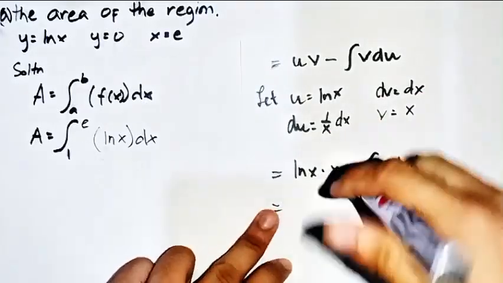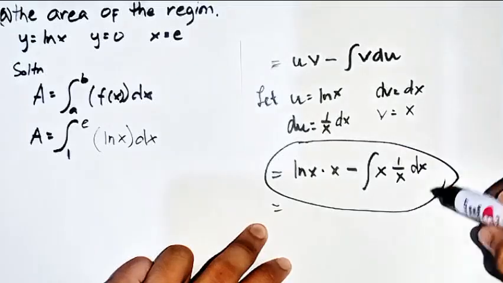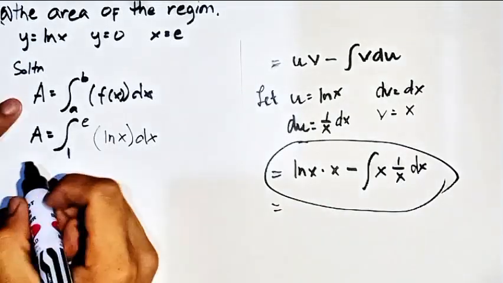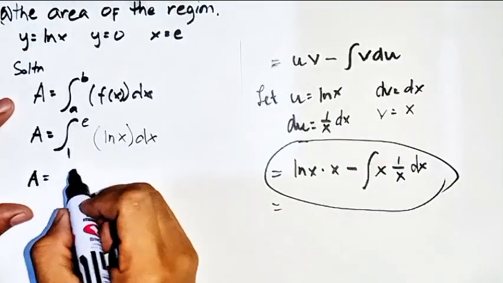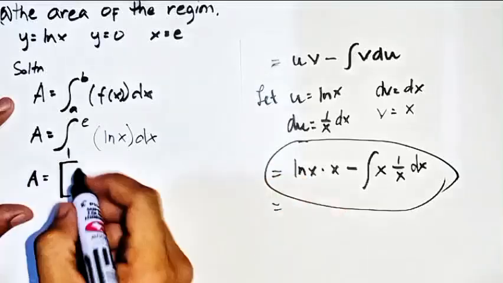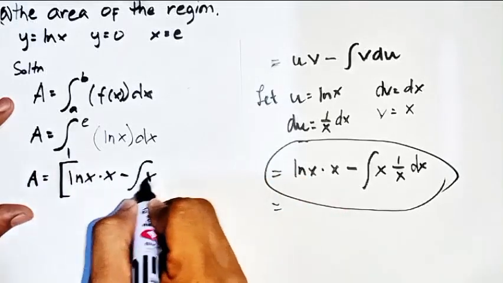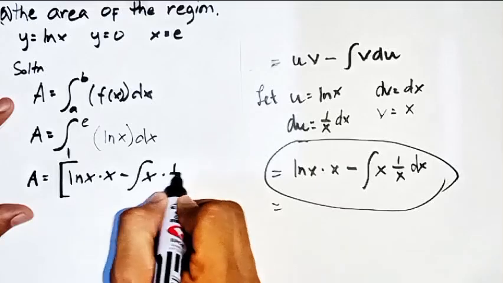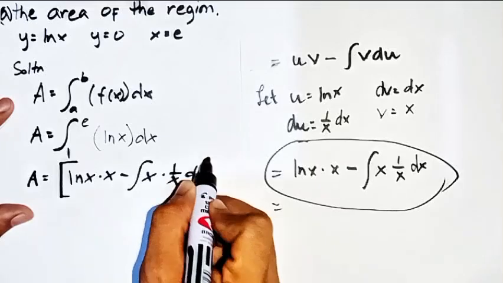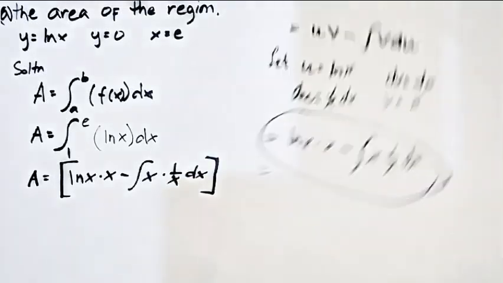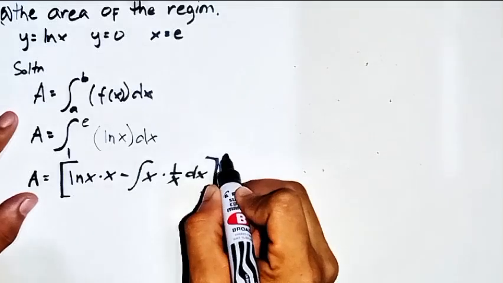Now let's copy this to our solution. So A is equal to this one, ln x times x minus the integral of x times 1 over x dx, the lower limit 1 and the upper limit e.